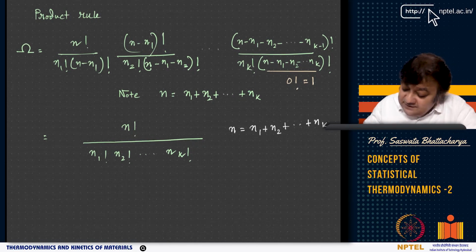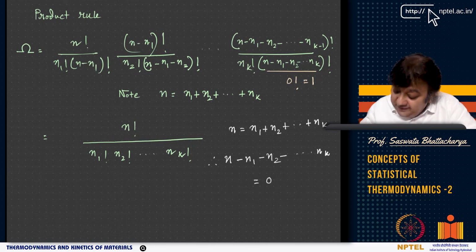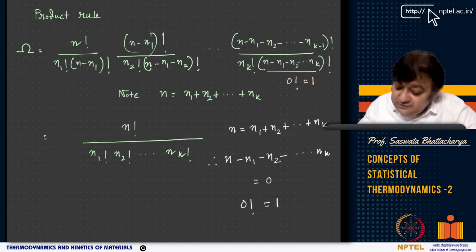So this last term, n minus n1 minus n2 minus up to nk, is going to be equal to 0, but 0 factorial equals 1, right?